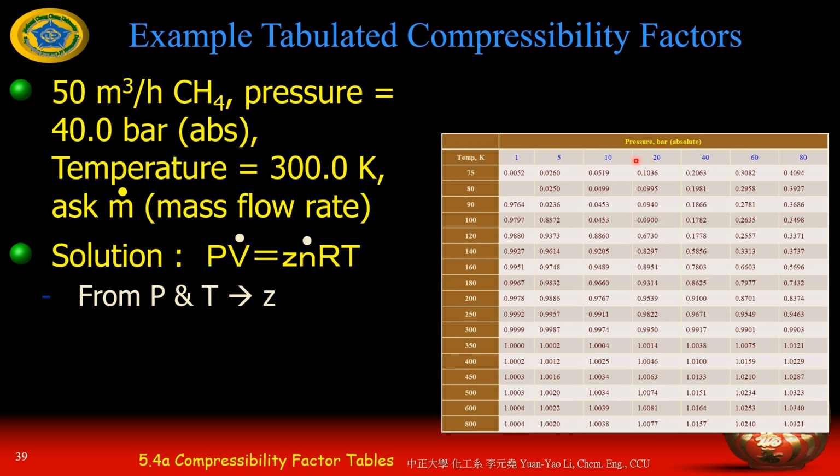I don't want to waste your time, so if you have a pressure and temperature, for example, this is the compressibility factor table for air. You can also find a compressibility factor table for methane.